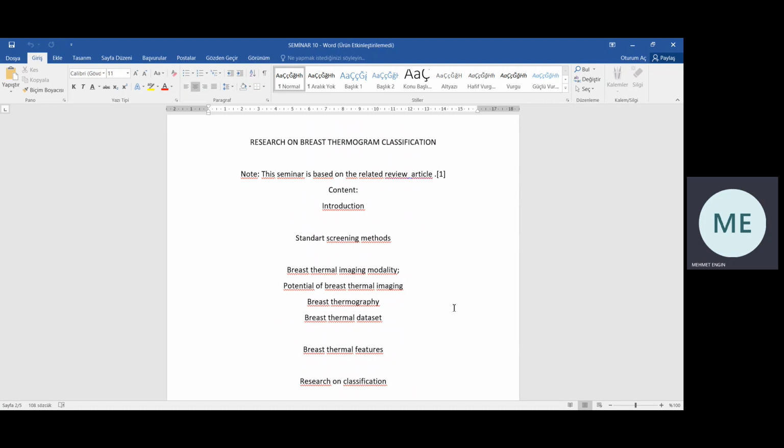Now, potential of breast thermogram modality. In general, thermography has two advantages. First, its thermographic nature is non-invasive and enables visualization and quantification, which facilitates risk-free detection of breast cancer.